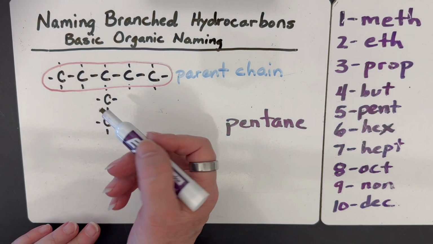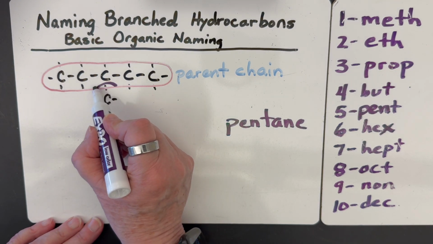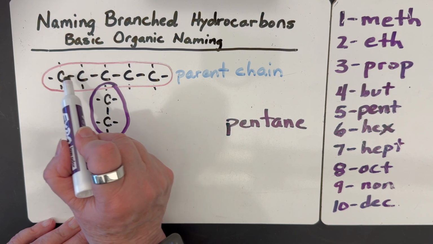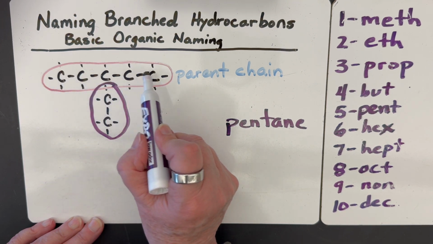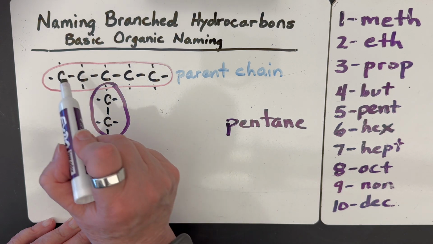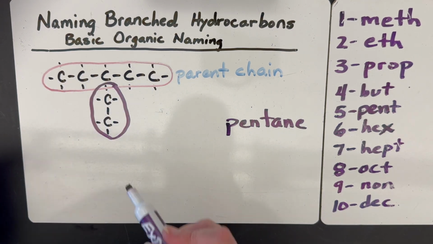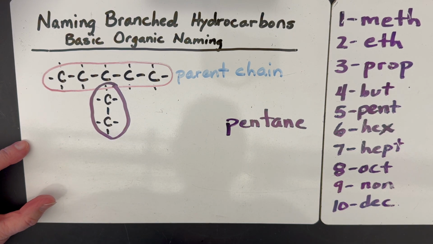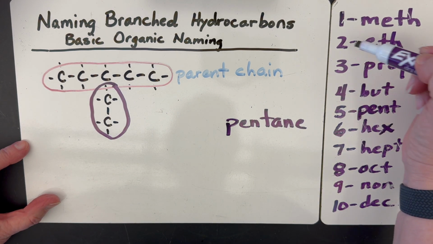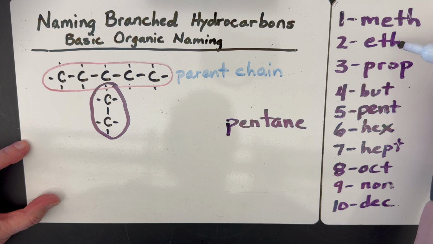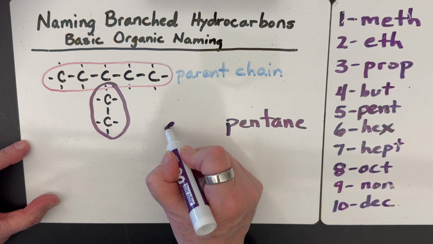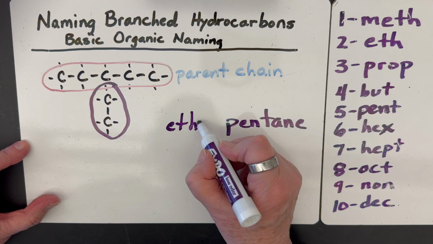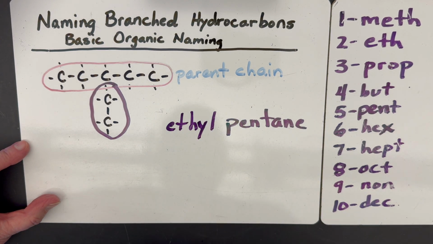So we had this side group right here. We're not going to count this carbon that's in the parent chain because we've already named it. When we said pentane, we were saying 5 carbons. We just need to name these 2 coming down here. Well, if we go over to our chart, 2 carbons is eth, which is our prefix, and since it's a side group, we add a yl.